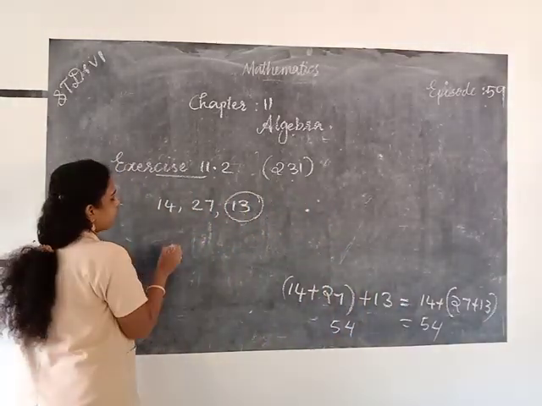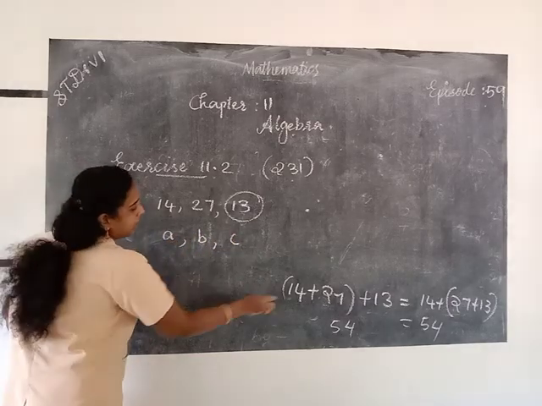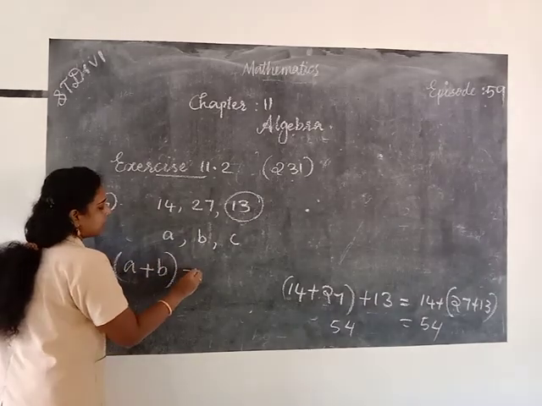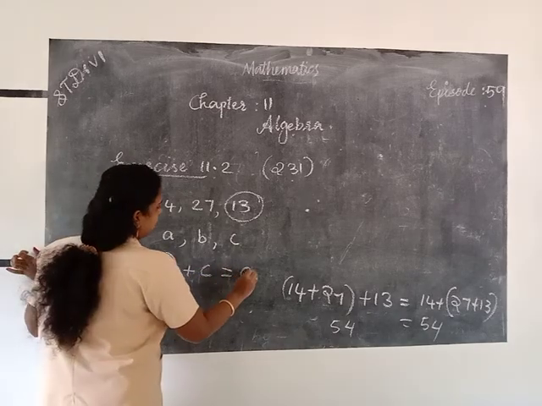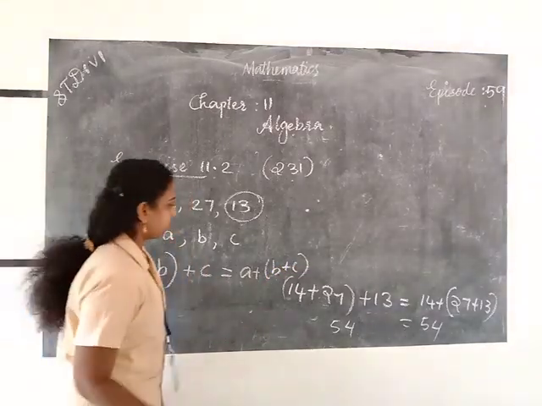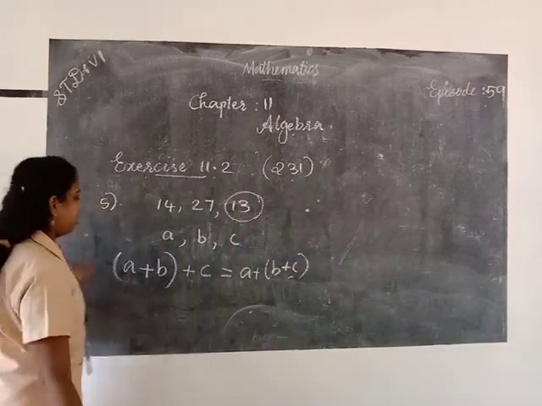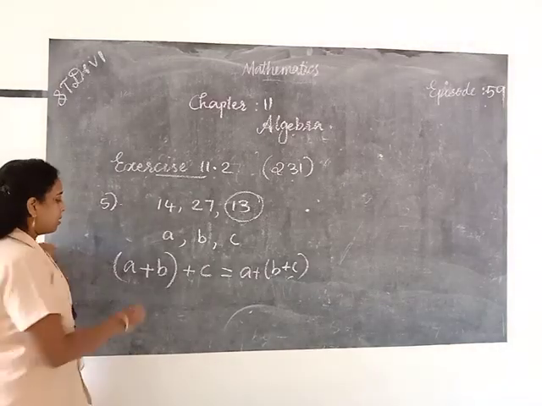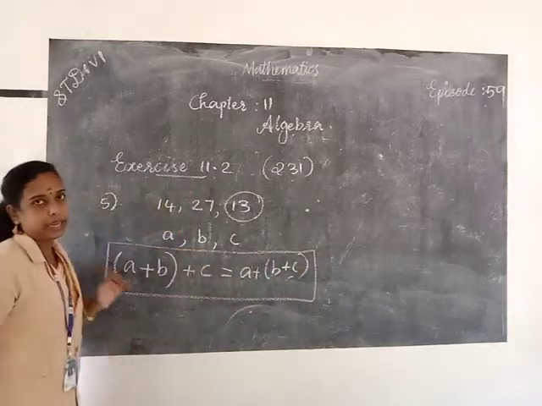If we consider the numbers as variables A, B and C, then the equation becomes: first we add the first two numbers, then add the third number to the result, and we get the same answer. So A plus B plus C is equal to A plus B plus C. This is the equation which expresses the associativity of addition of numbers using variables.